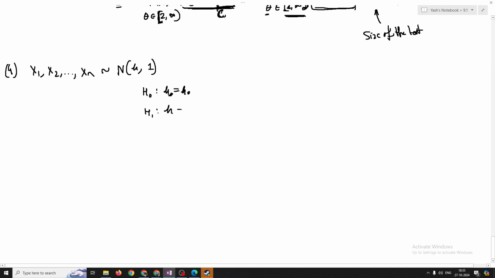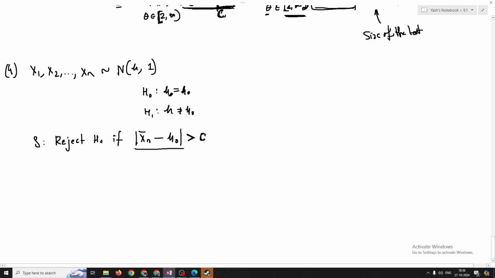Alternative hypothesis is mu is not equal to mu naught. And my delta, that is the test rule, is reject h naught if mod of xn bar minus mu naught is greater than some value c.